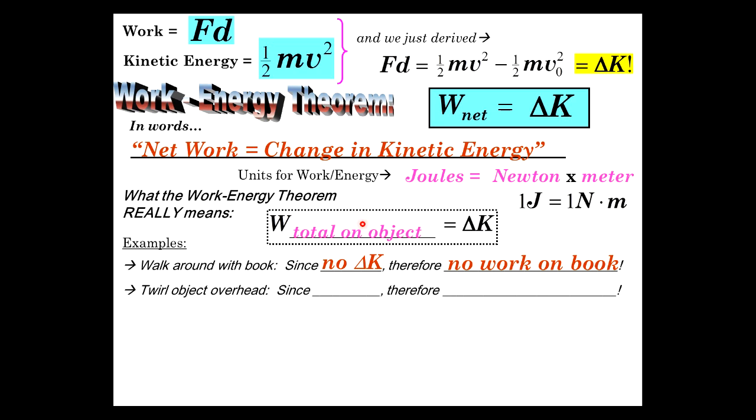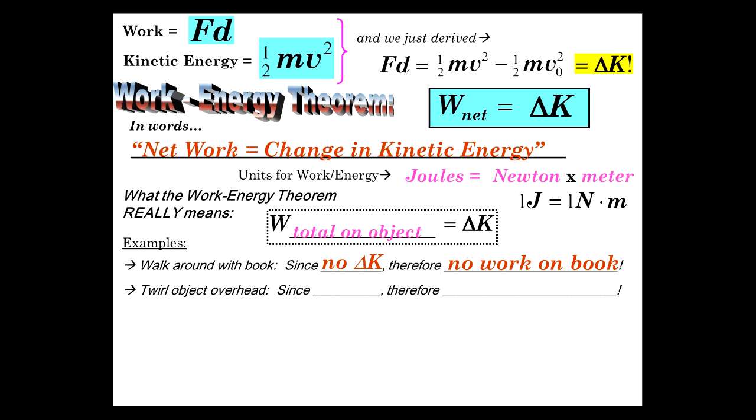In other words, if you believe this at this point, then the kinetic energy doesn't change. That's the giveaway that no work has been done on the book, at least no net work.